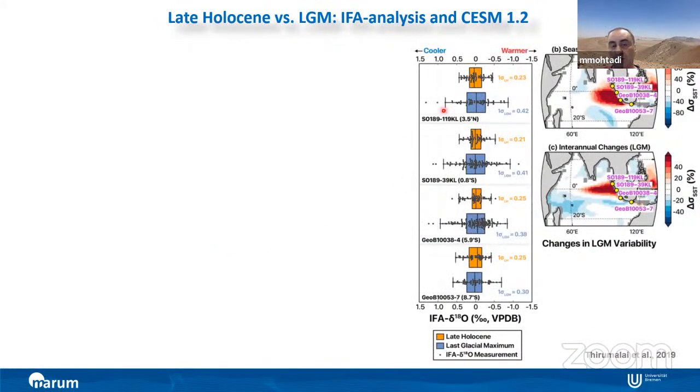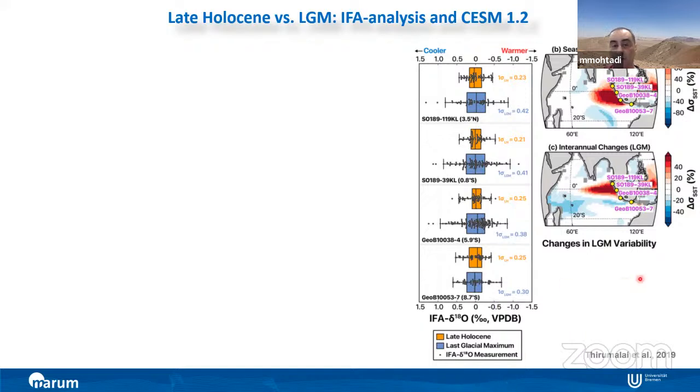This stronger seasonality, or the stronger interannual variability during the last glacial maximum, is also shown by the study by Thirumalai and others in 2019. This is a comparison of the LGM single foraminifera measurements in blue compared to late Holocene single foraminifera measurements in orange. And we see that at these sites during the LGM, the range of those measurements is larger than during the late Holocene.